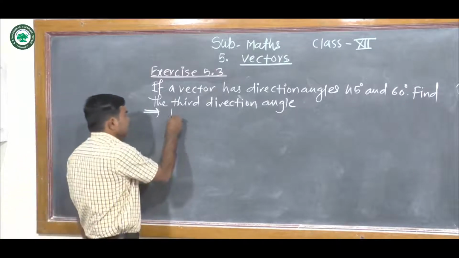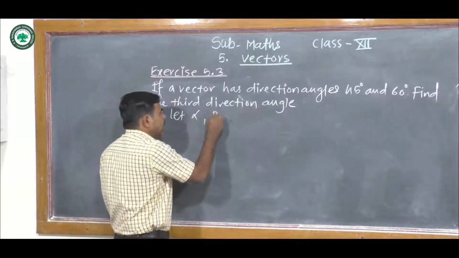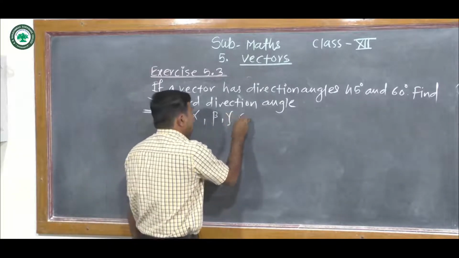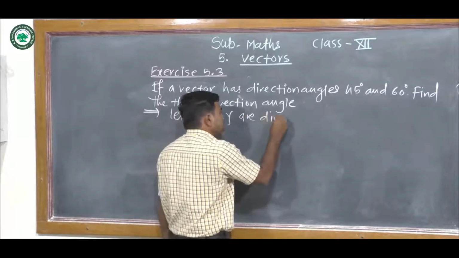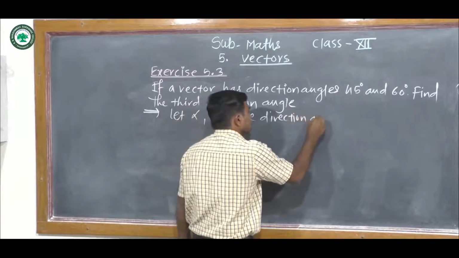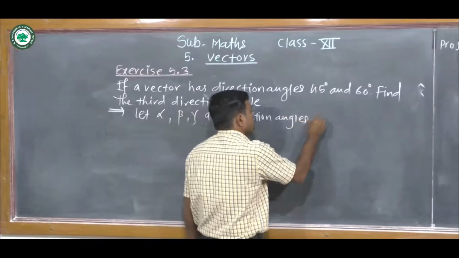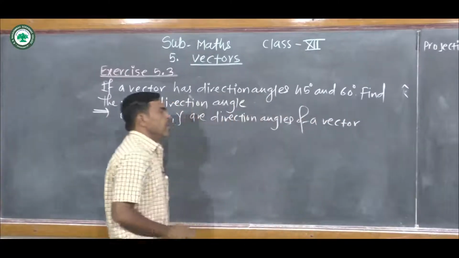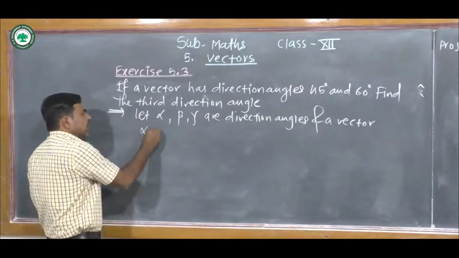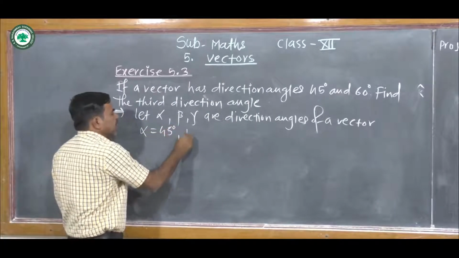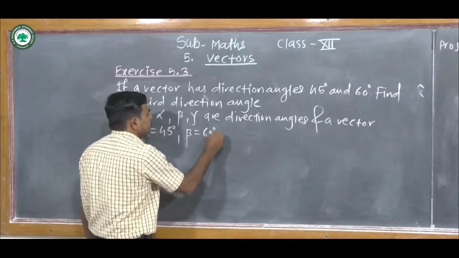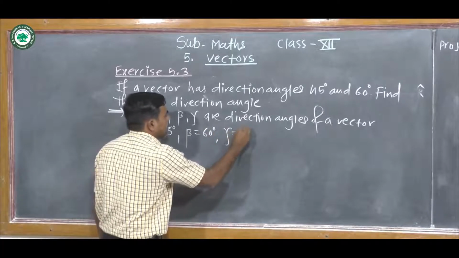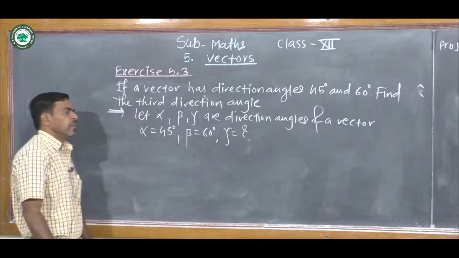So let alpha, beta, gamma be direction angles of a vector. Alpha is equal to 45 degree, beta is equal to 60 degree, and gamma is not given, that we have to find out.